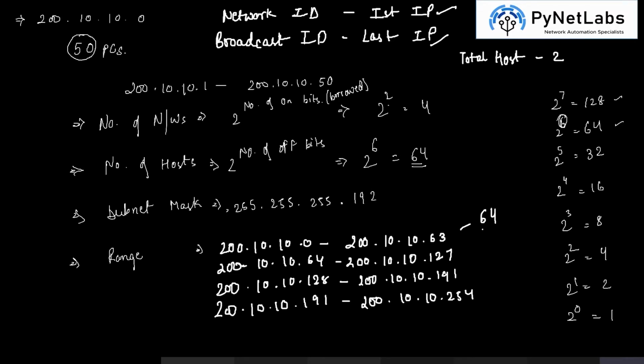And when you calculate these ranges, you will find out that only 50 IP addresses can be used out of this, and the rest of them can be kept. Like if we talk about the first range, there are 64 hosts available, and out of these 62 can be used.